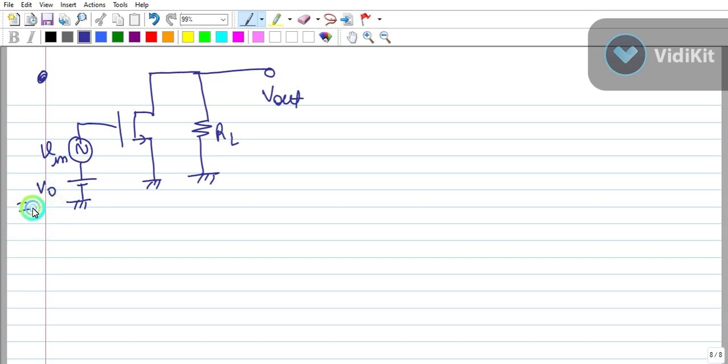I'm keeping VO equal to VTH. This is our first attempt, this we are trying. And the value of VTH is equal to 0.5 volt.